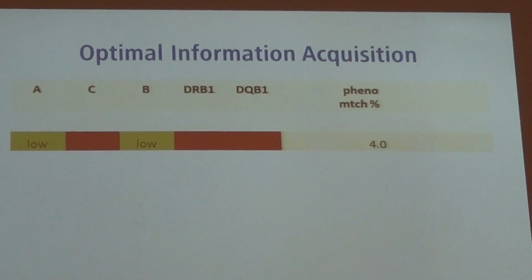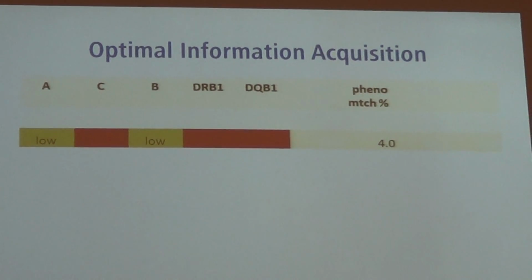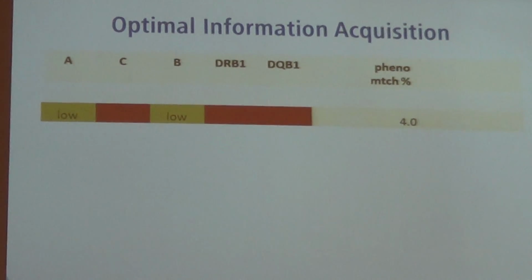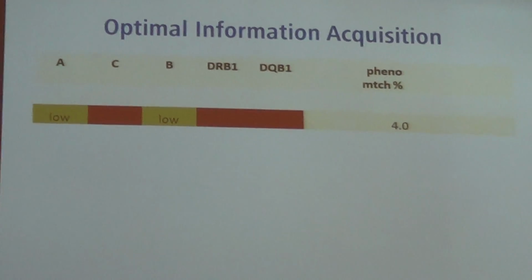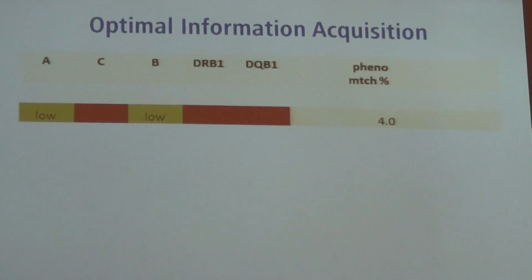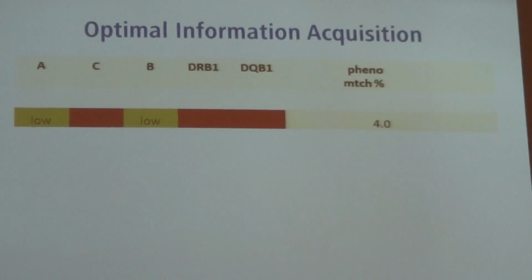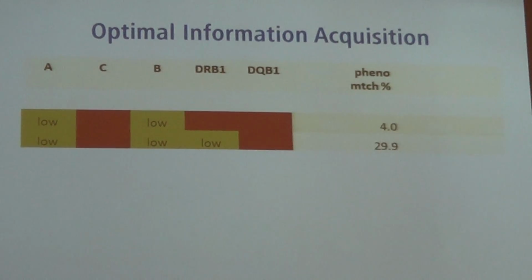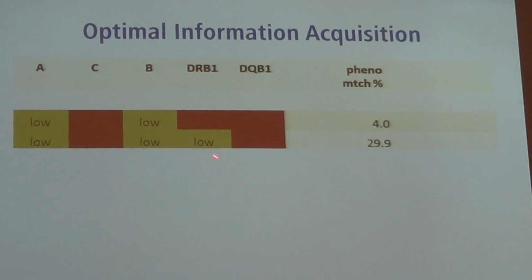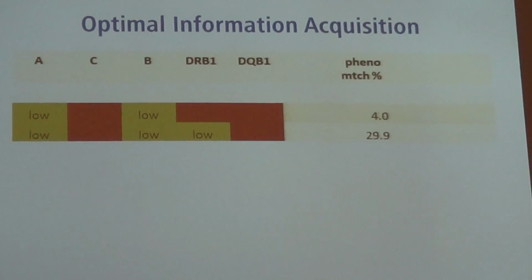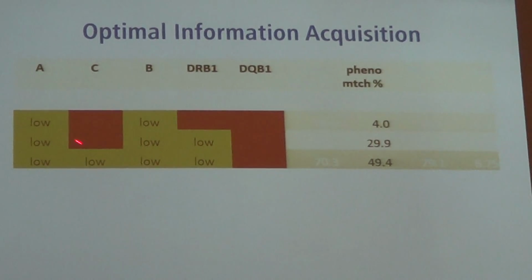So if you only have A and B generic, 4% of the AB low resolution matches are really ABCDR&Q high resolution matches. The next most important point of information is adding DRB1, and then it's adding C.